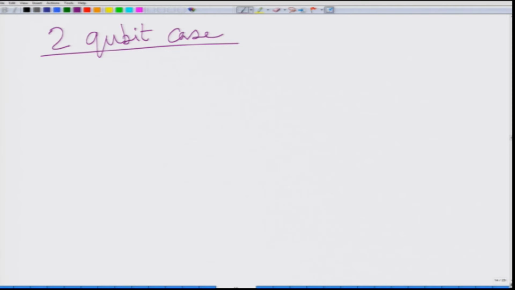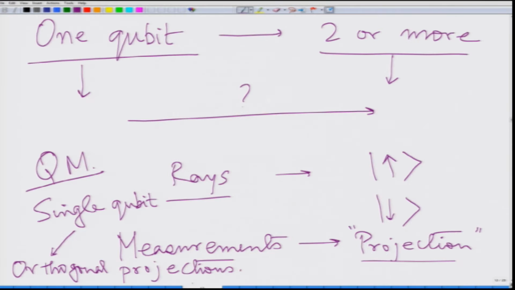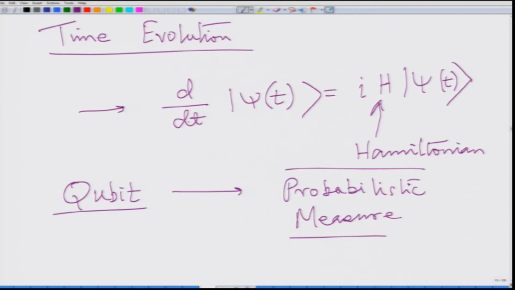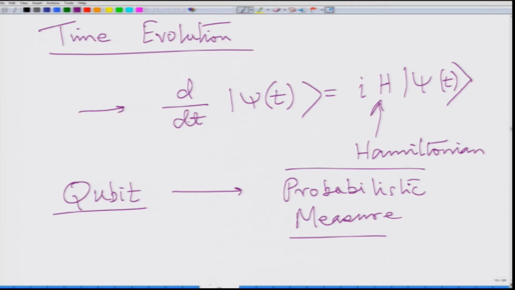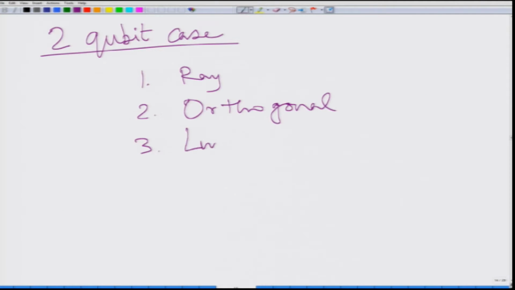What you will notice is that all the principles that we introduced in the first part, that it can be represented by a single ray, that the resultant is a projection and they are orthogonal, orthogonality, and the fact that this is linear dynamics, they need not be true anymore.